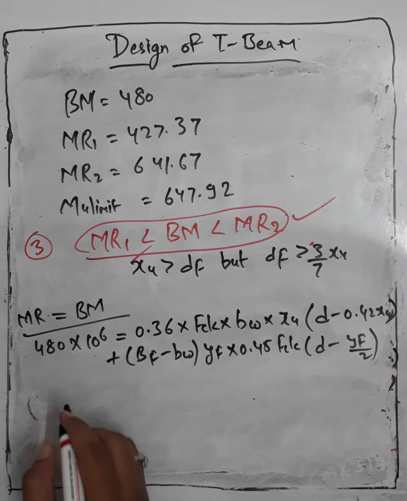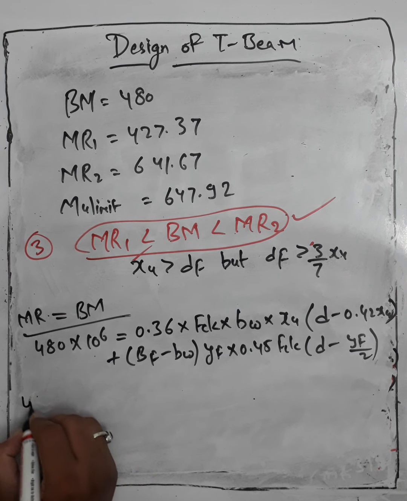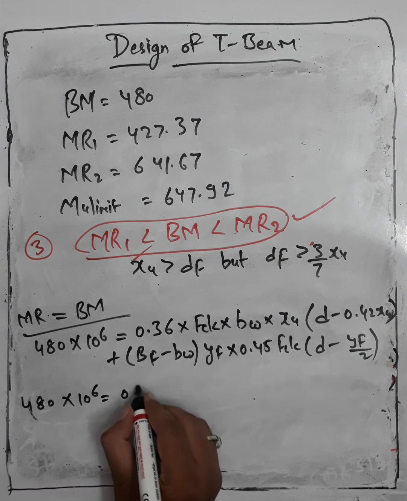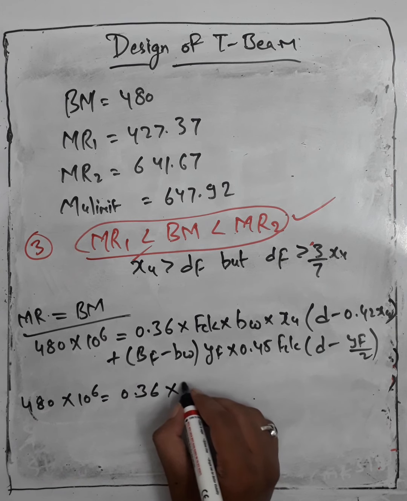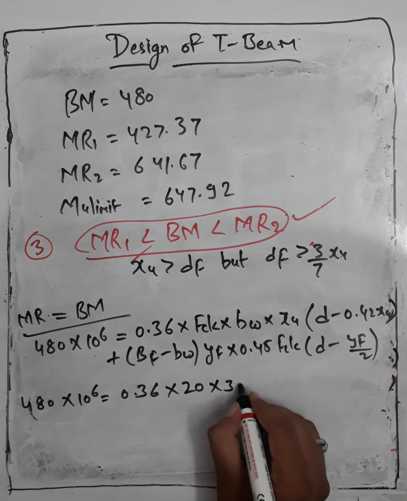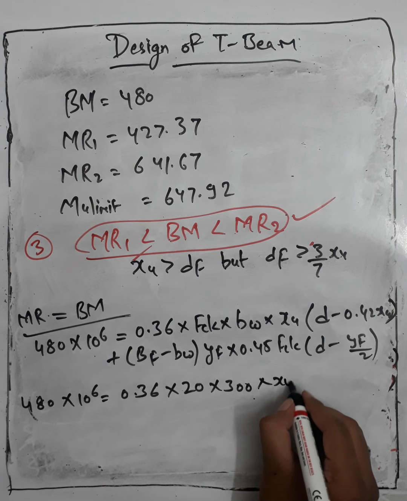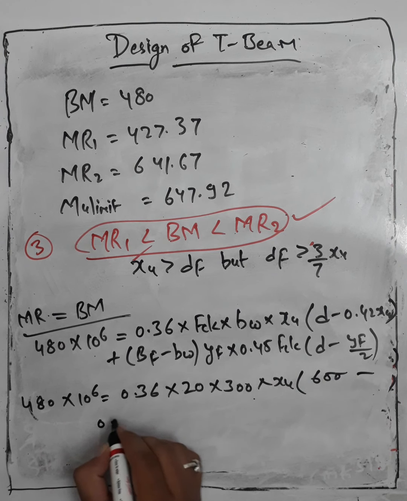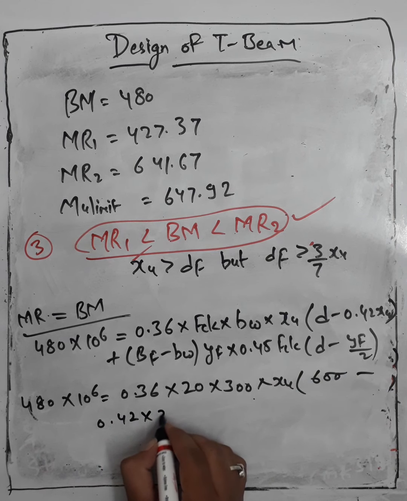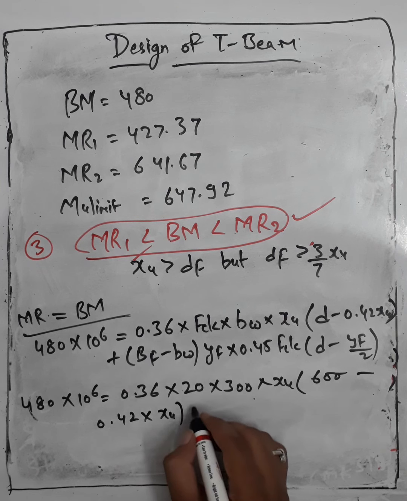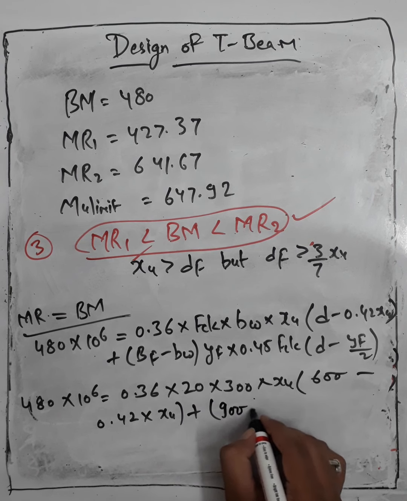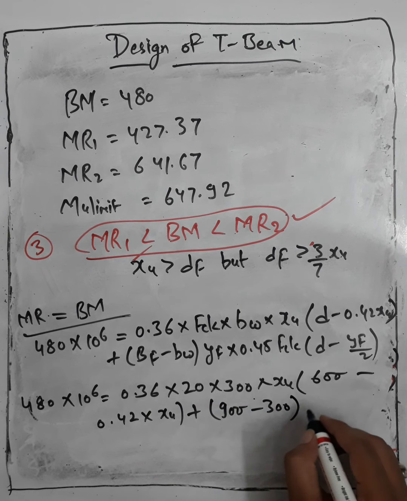So put all values in the equation: 480 × 10⁻⁶ = 0.36 × 20 × 300 × xu, where d is 600, minus 0.42 × xu, plus (900 − 300) × yf.